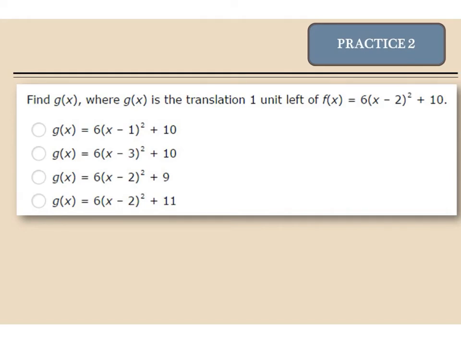Here's your practice 2. Find g of x, where g of x is the translation 1 unit left of f of x equals 6 times the difference of x minus 2 squared plus 10.